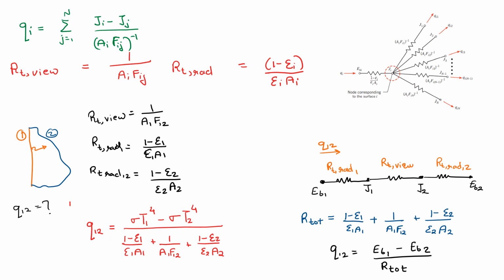So this is the equation that we get for a simple two surface enclosure, and that's how you approach these problems. I'll be doing another example problem to show you how to solve some more complex radiation networks as well.